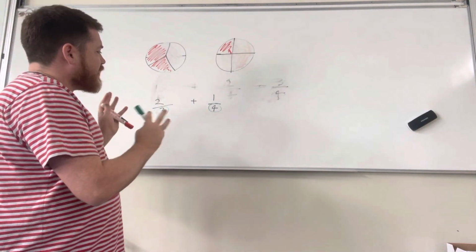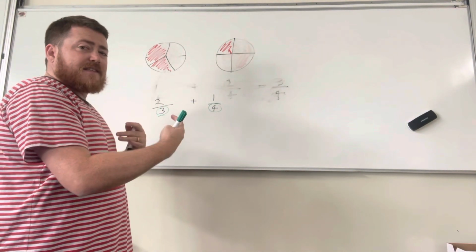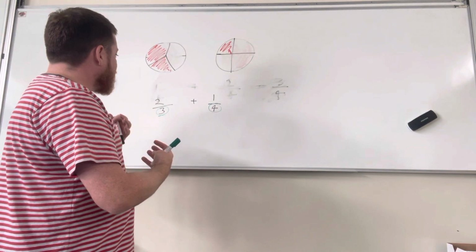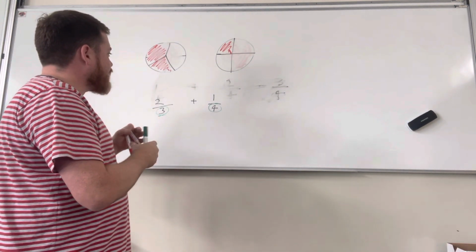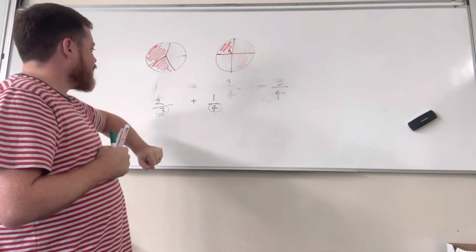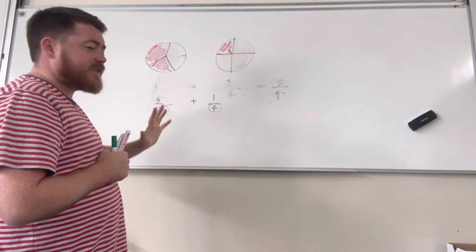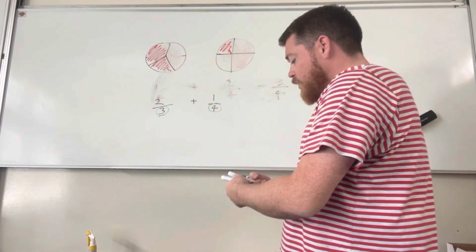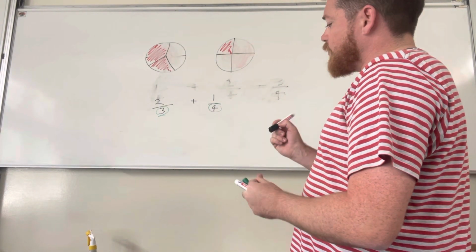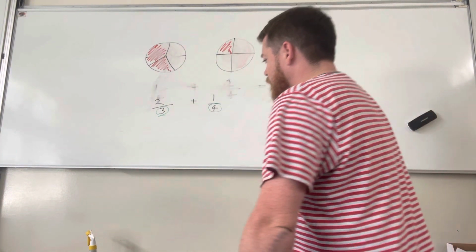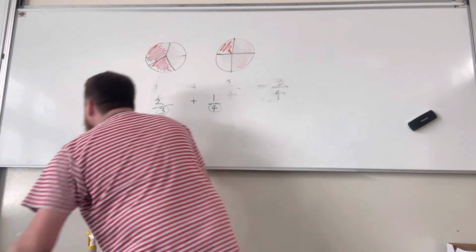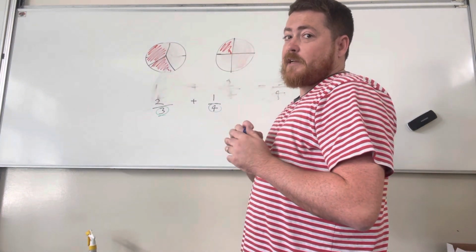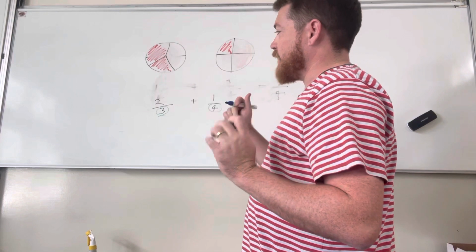So I need to figure out a way that I can add these in such a way that's meaningful and gives me some form of answer that gets around this problem here. So what do I need to do? I need to find a common denominator. So what I'm going to do now is look at what we call the picnic table technique, all right? Or the upside down picnic table technique, I should say.